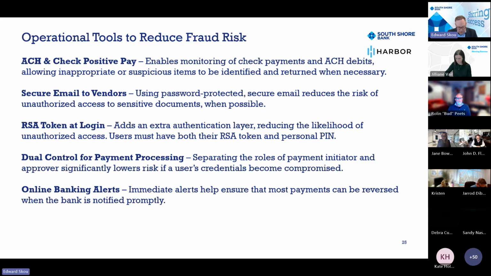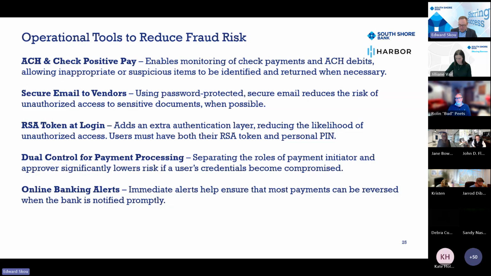Yeah, John. So just a couple more items that I would say really help you reduce risk. The first one is the bank provides the service Positive Pay, which provides you the ability to review ACH debits and checks that do not match a file that you provide the bank.